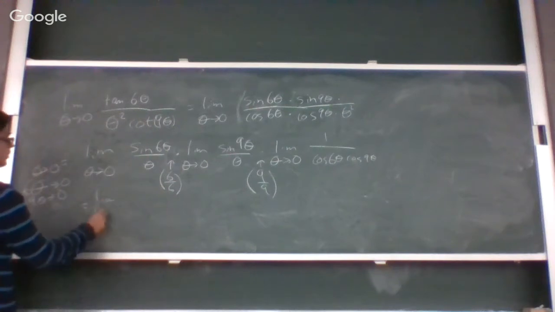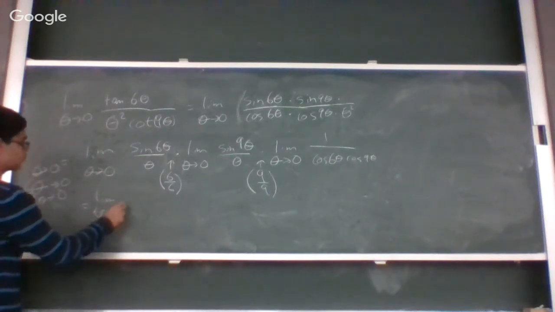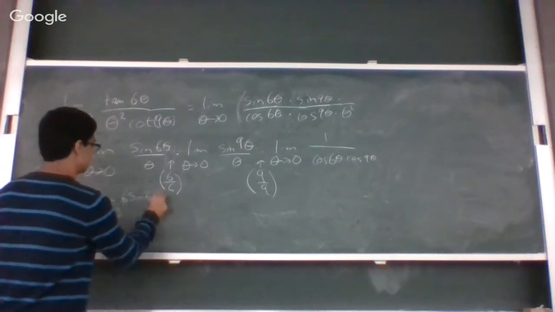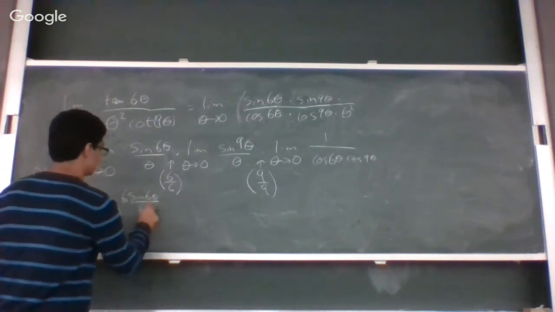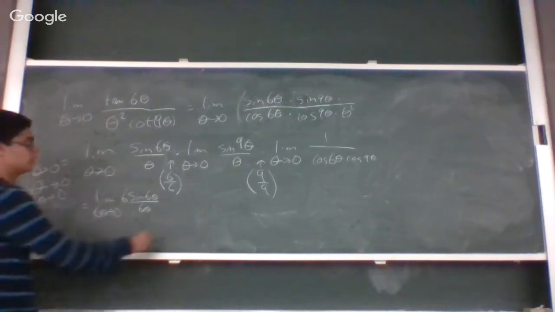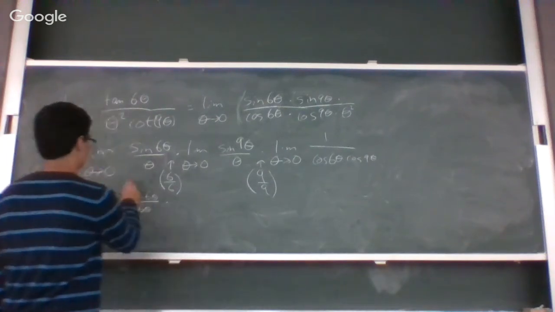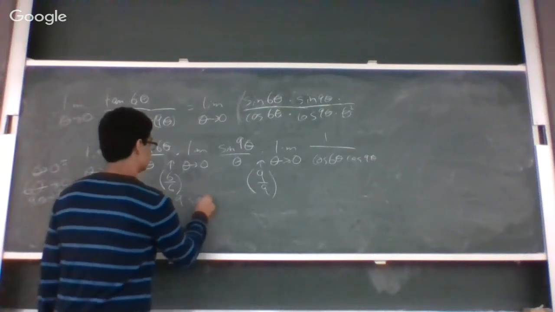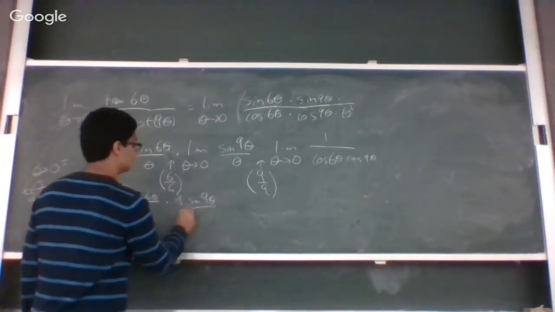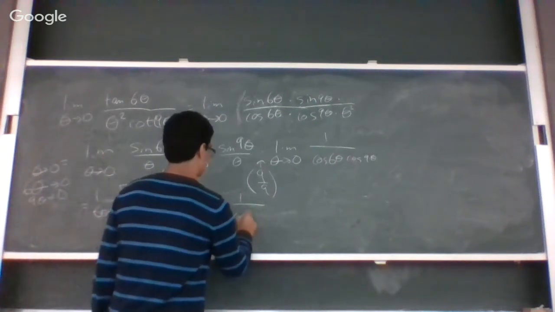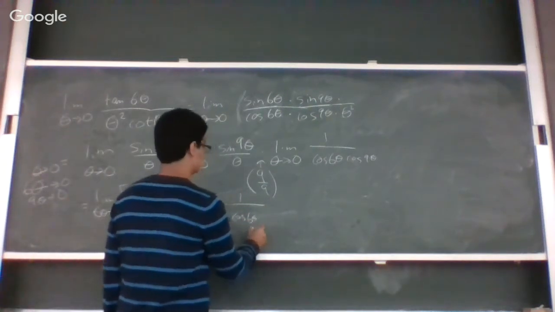Yeah, so it's limit as 6 theta approaches 0 of 6 sine of 6 theta all over 6 theta. Right? 6 on top, 6 on bottom. Times, and I'll just do it in one bracket, 9 sine of 9 theta all over 9 theta times 1 over cosine of 6 theta.